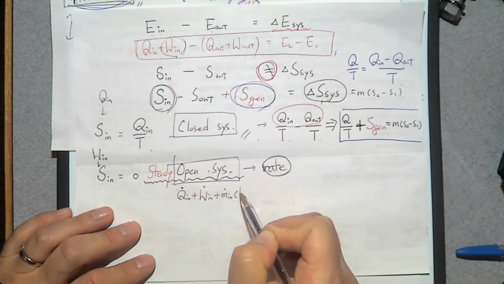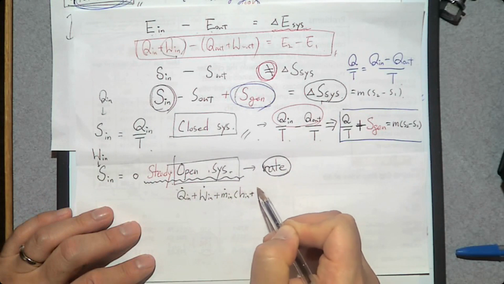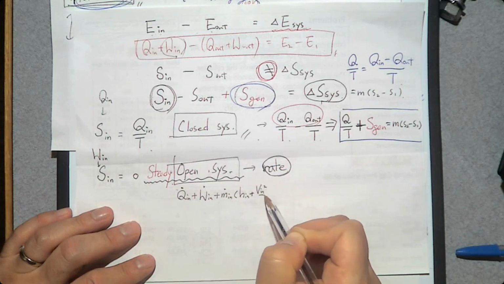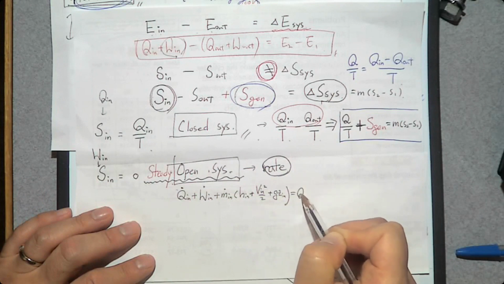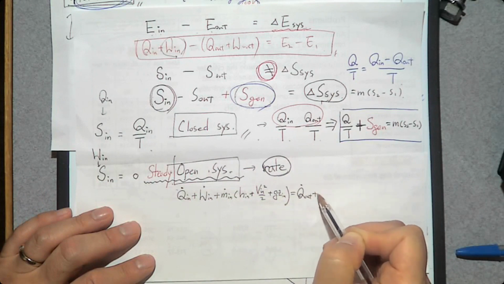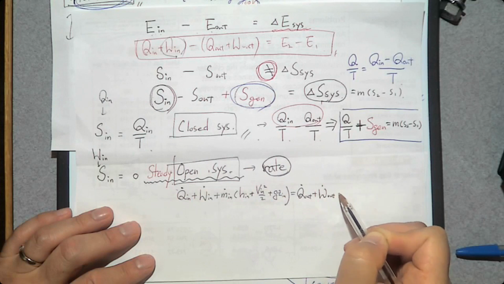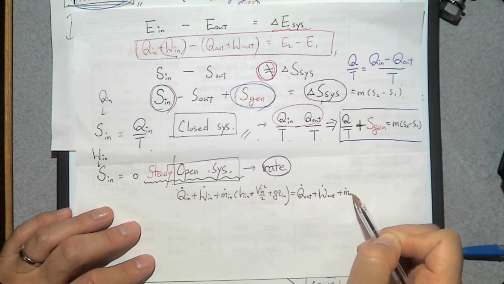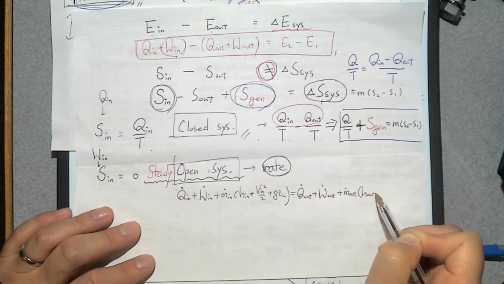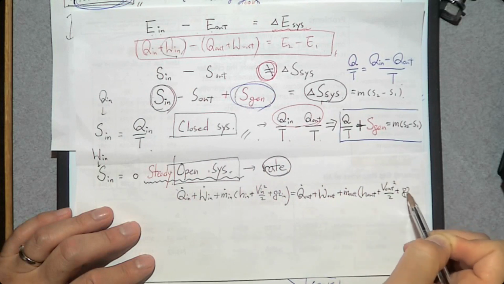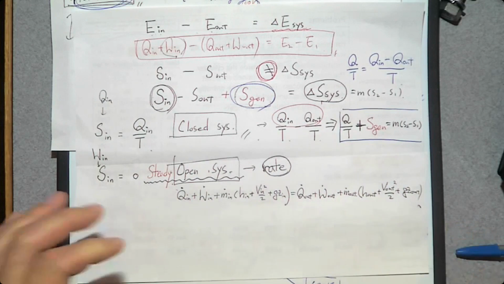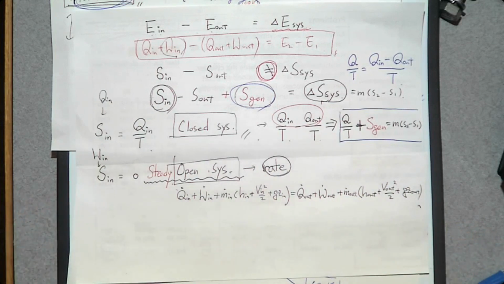This one has enthalpy, kinetic energy, and potential energy. It is going to be Q dot out plus W dot out plus m dot at the exit. This one has enthalpy, kinetic energy, and potential energy. So this is the general energy balance equation for a steady open system.